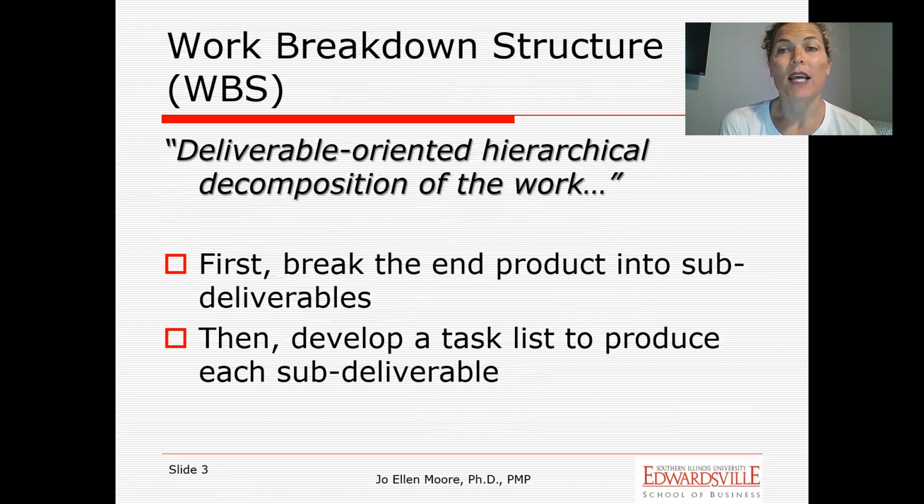So the WBS is what you'll typically hear referred to here for this phase. Once the scope statement's identified and created, we'll move on to the planning phase and we create our WBS, which stands for work breakdown structure.